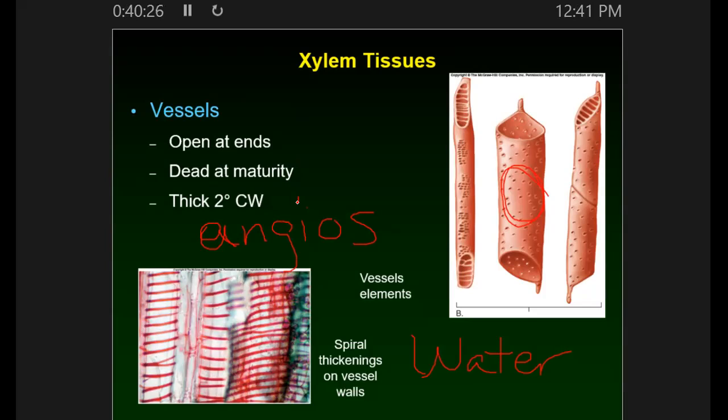Wider diameter vessels like that are really, really efficient. And that's one of the reasons why they say angiosperms are so successful. There's more angiosperms on the face of the earth in this current age of Earth than any other plant. And they point to vessels as one good reason why they are so successful. It allows for much better and efficient water flow through the plant body.